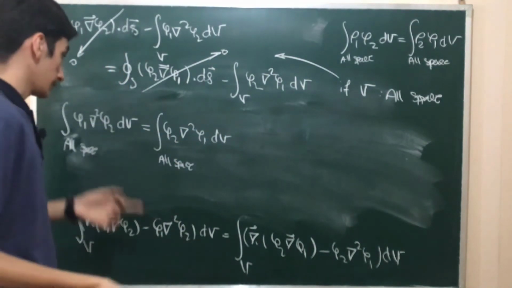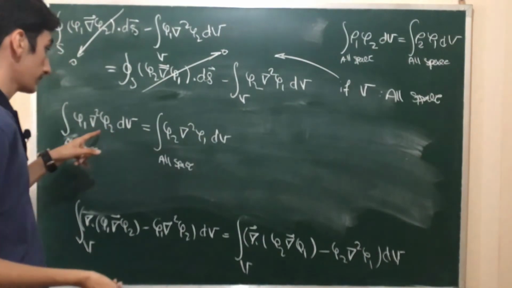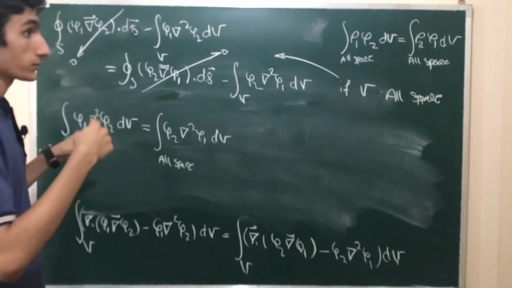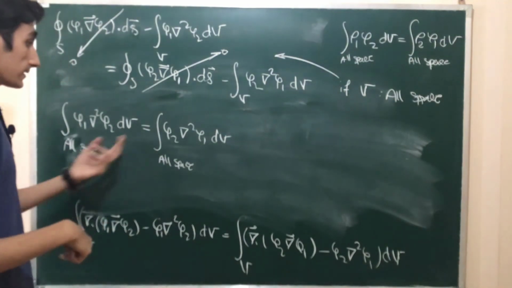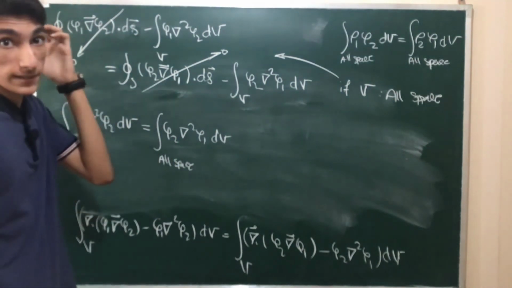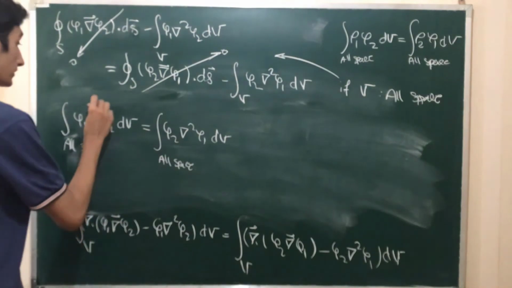Now, as we know, the Laplacian of phi 2 is minus rho 2 over epsilon 0, and the Laplacian of phi 1 is minus rho 1 over epsilon 0.